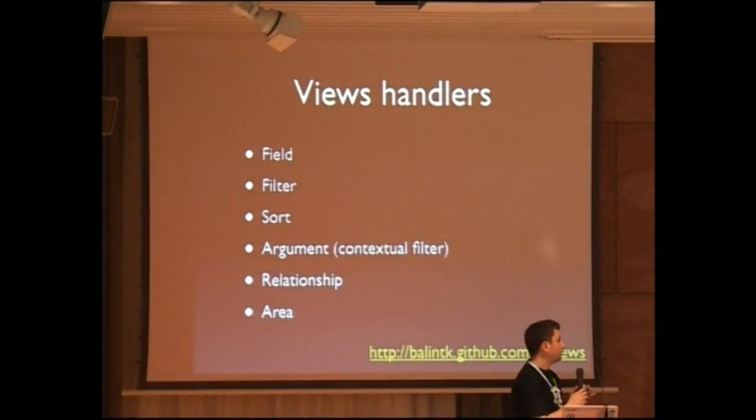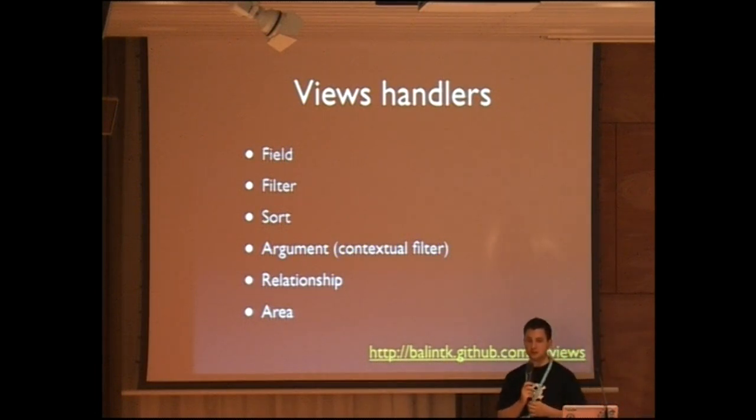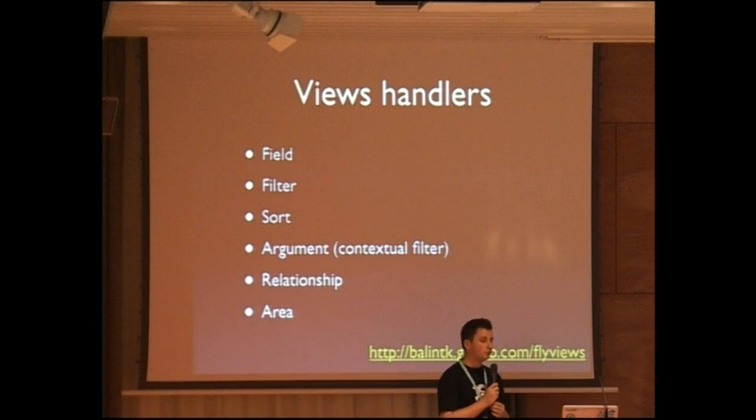In Views, there are different types of handlers. The first, a field handler, tells Views how to output a field. The filter handler tells Views how we can add filters to the request in this particular case. The sort handler defines how to sort it.